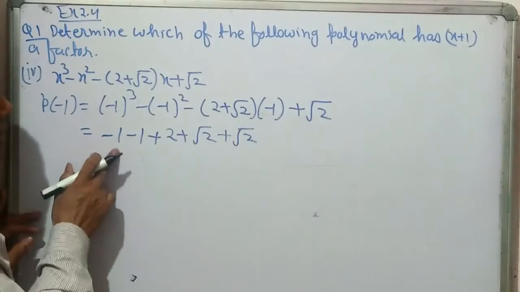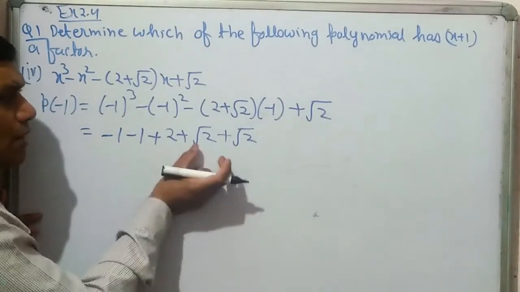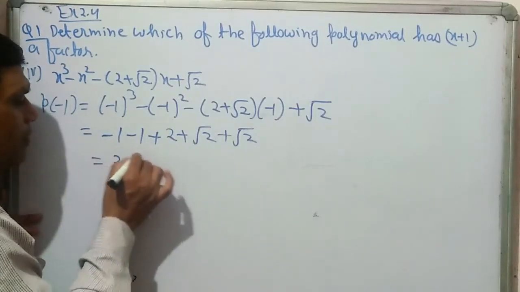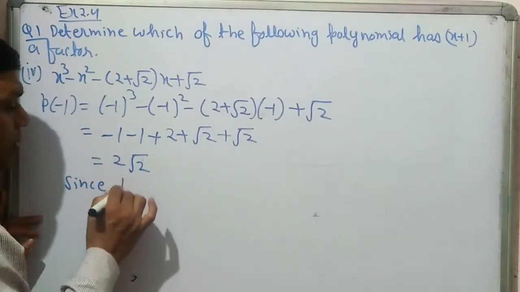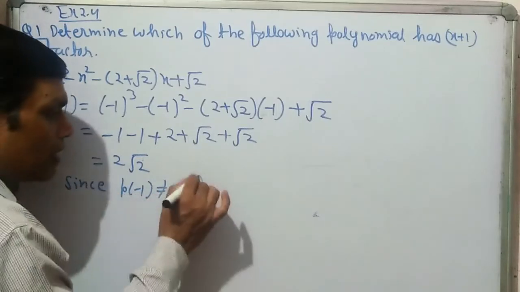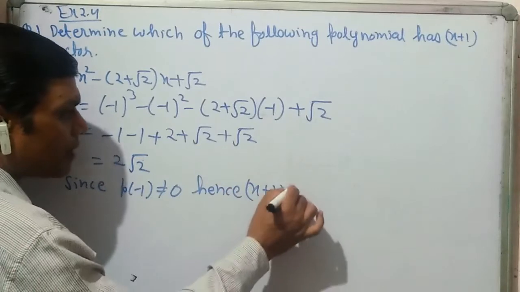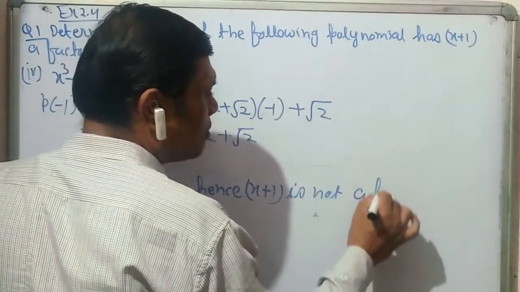Solve it out. This is minus 2. Minus 2 plus 2 is 0. This much is 0. But these two are giving us 2 root 2. So we get 2 root 2. Is it 0? No. Since p(minus 1) is not equal to 0, hence x plus 1 is not a factor of p(x).